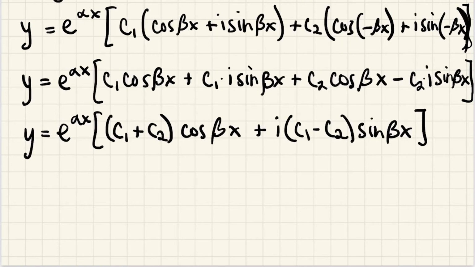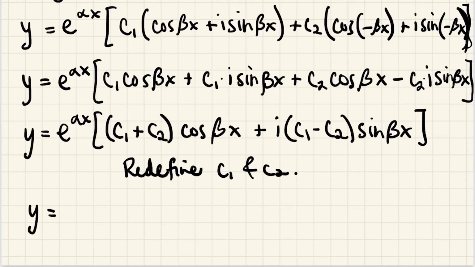All right, well, remember, this is just a general form for a general solution, so these constants can be anything. So we're just going to redefine c1 and c2. I'm just going to reuse c1 and c2 because this isn't quite following from the previous step.